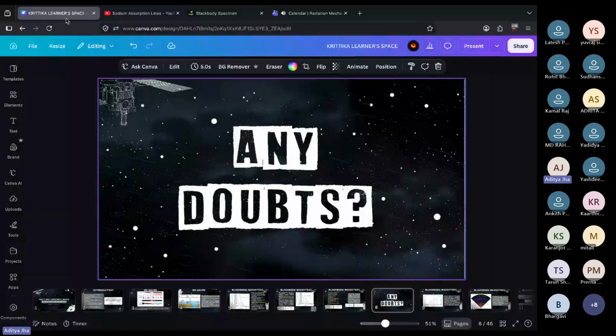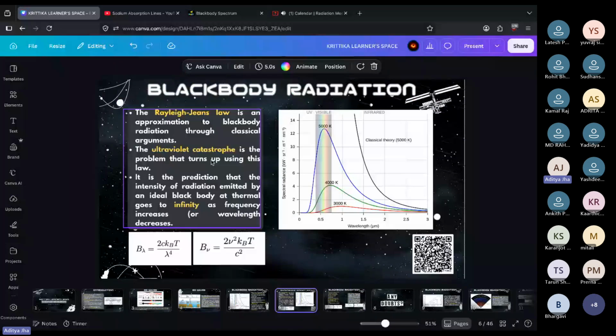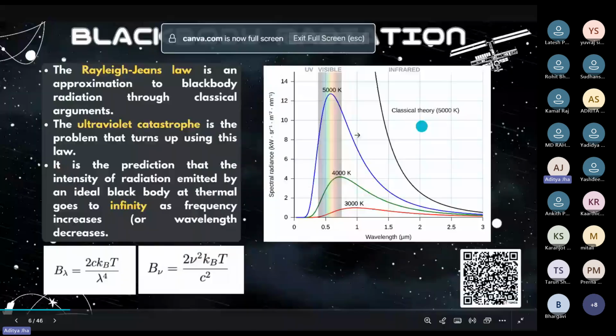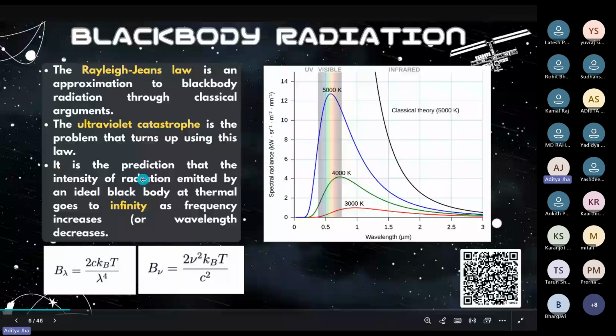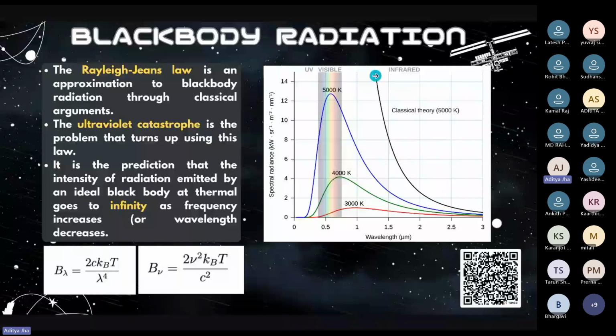Yeah, sure. So basically here you can see that the first approximation that came up was this. This was the calculation that was made by the Rayleigh-Jeans law. And you can see here that if you decrease lambda, where lambda is the wavelength, it will just keep increasing and start tending to infinity, which theoretically is not possible.